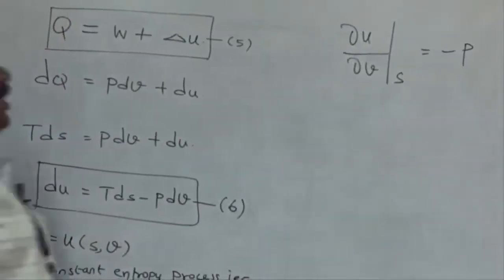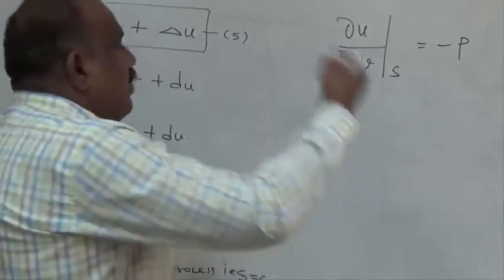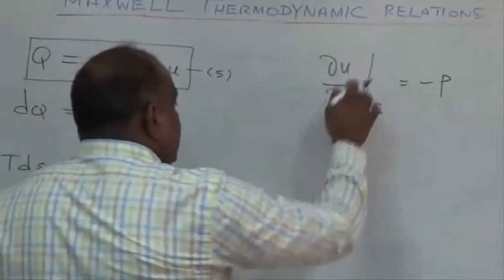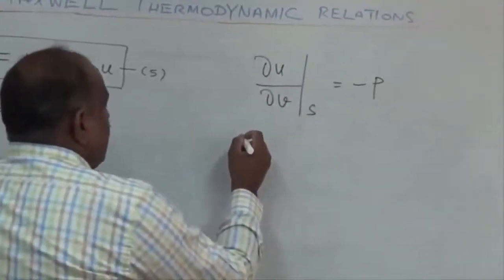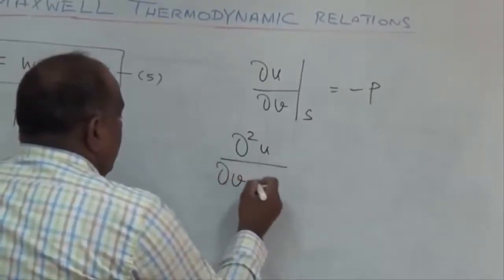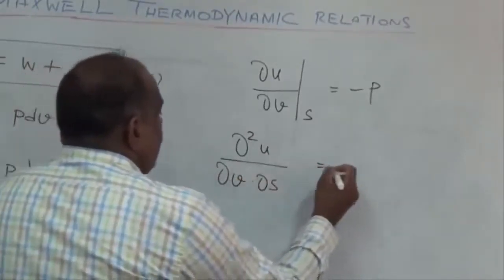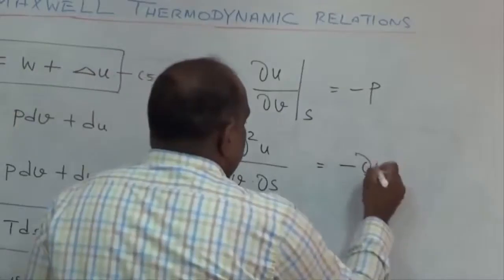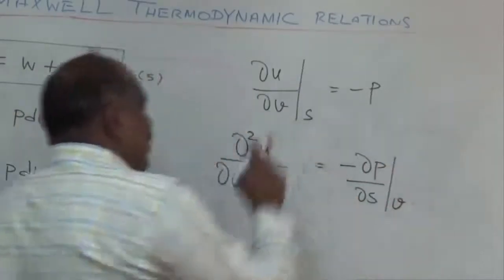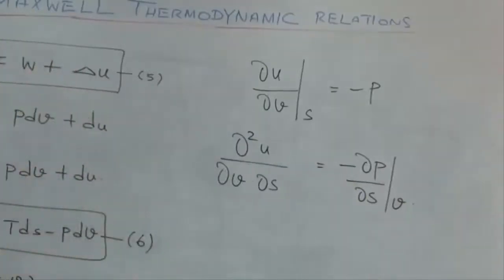Now as I told earlier, we can go for the second derivative. Now differentiate this one with respect to S, with respect to entropy. So ∂²U/∂V∂S will become minus ∂P/∂S at constant volume. So now we have to maintain volume as constant, and I am going to differentiate this equation.